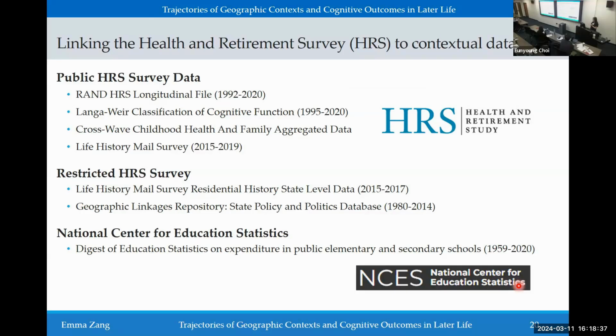We also use the state policy and politics database for the policy liberalism and social safety net policy. The educational spending variables we get from the National Center for Education Statistics.